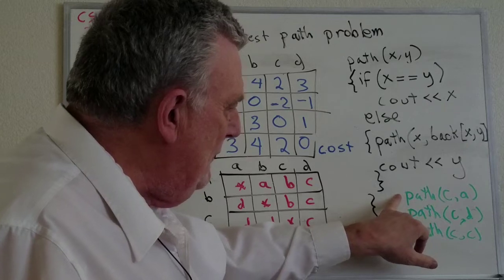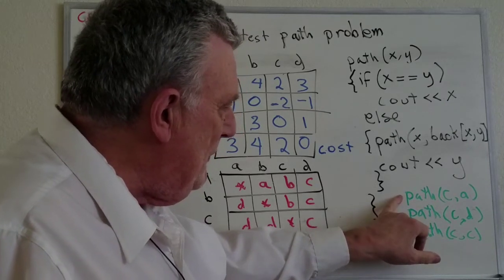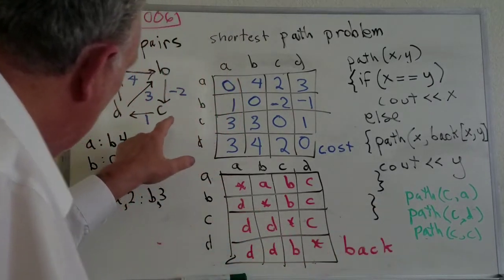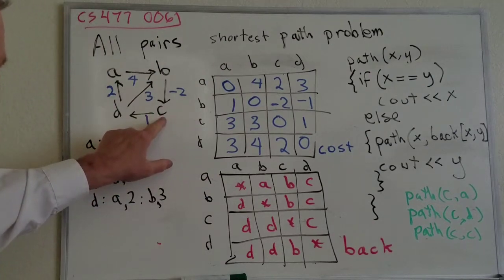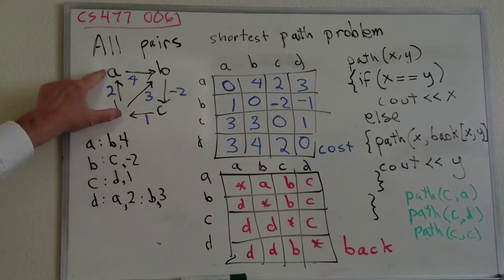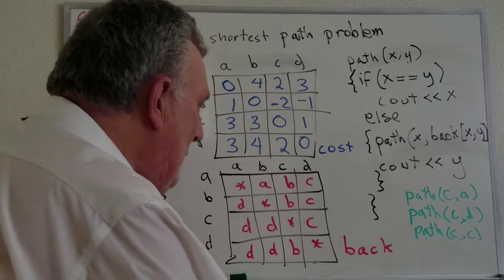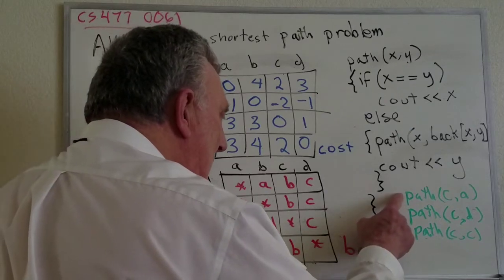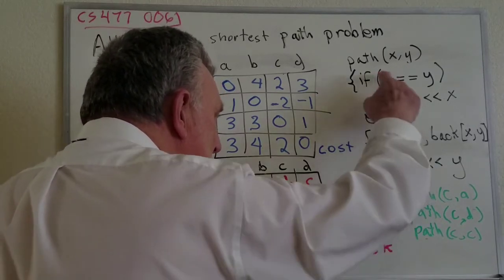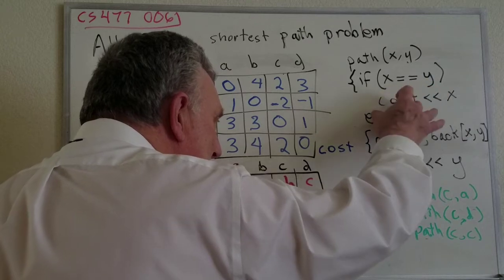Now, I will do a slight example of this. Suppose we're trying to find the path from C to A, and that path is C, D, A. How would we do that? We would call path CA. Since C is not equal to A, we don't do this.